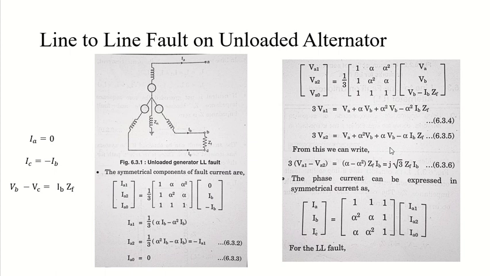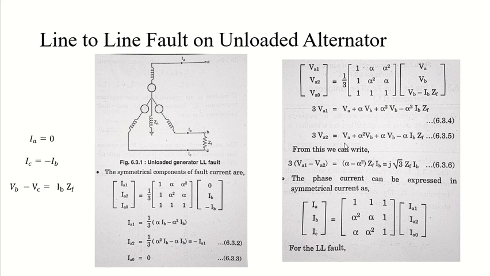Now from these two equations, we need to take the subtraction of these two equations, which means I want to subtract this equation of 3 into VA1 from this equation 3 into VA2. So when we take the subtraction, this VA will get cancelled.